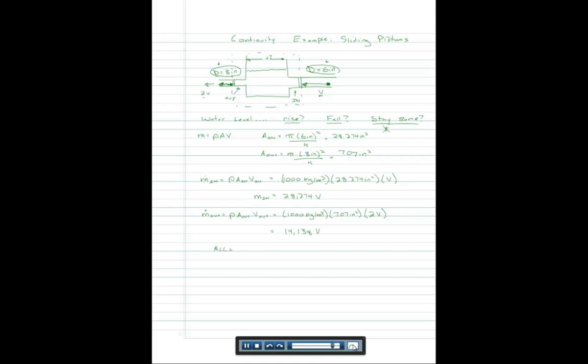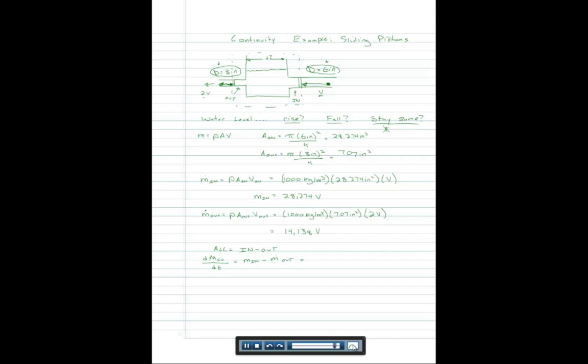Accumulation is in minus out. Or the way that we've looked at before, the change of mass in the control volume with respect to time is the mass flow rate in minus the mass flow rate out.